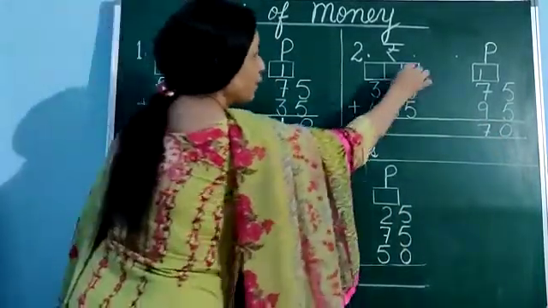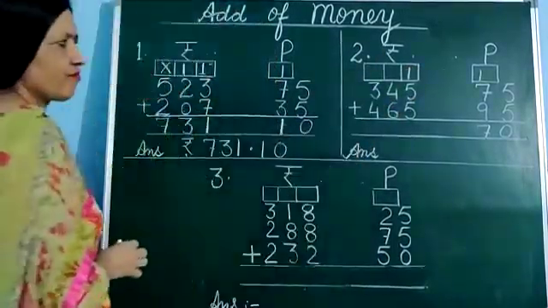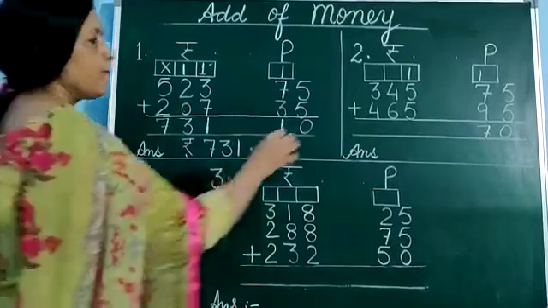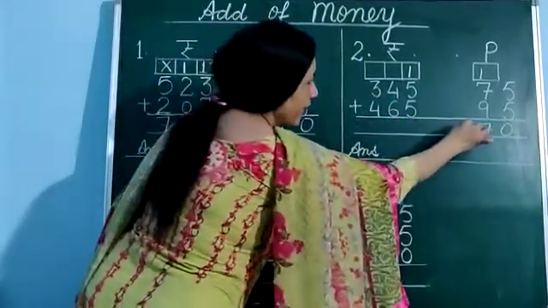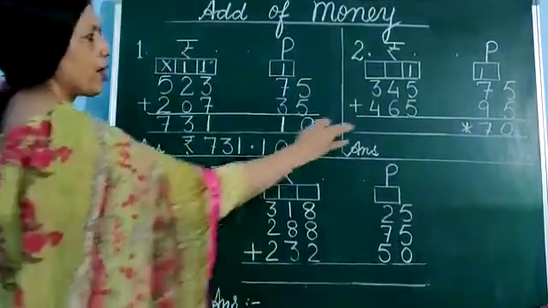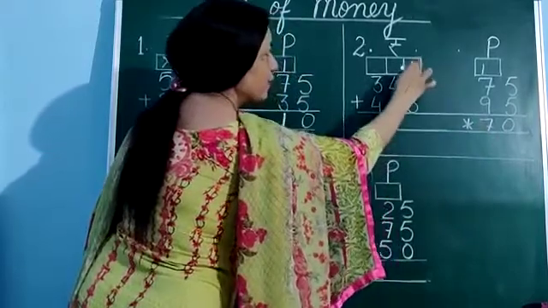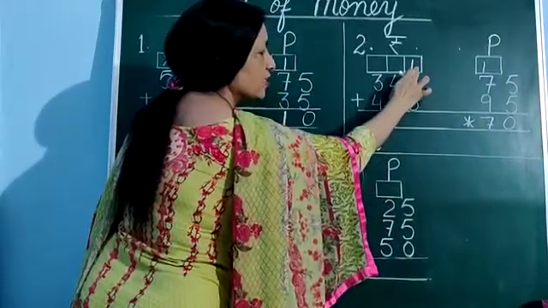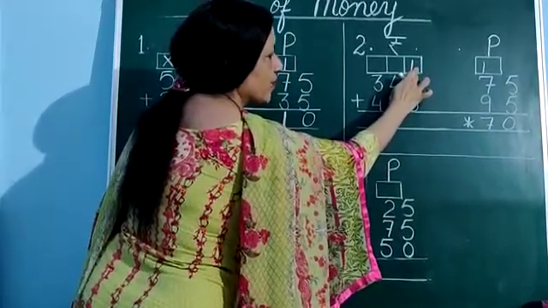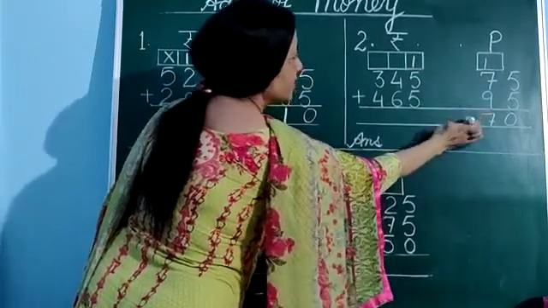Clear, beta? Again 1 will be written here under rupees. We will not write 1 here. This is wrong. Along with this 7, we will shift 1 to the next box as a carryover. Is it clear, beta?